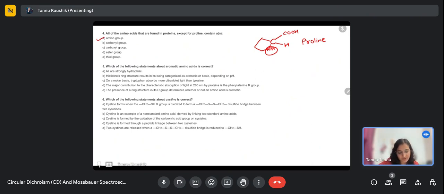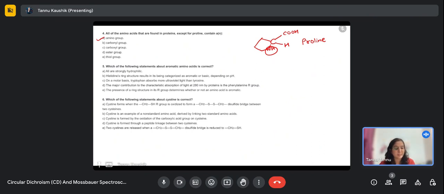Now the next question is, which of the following statements about aromatic amino acids is correct? First is all are strongly hydrophilic. Second is histidine's ring structure results in its being categorized as aromatic or basic depending on pH.